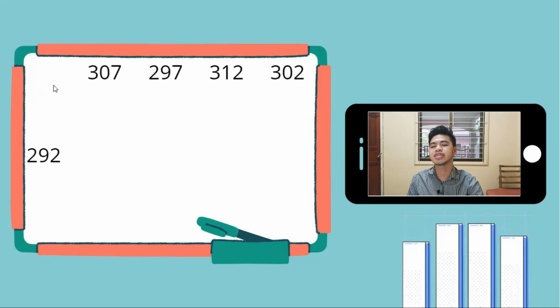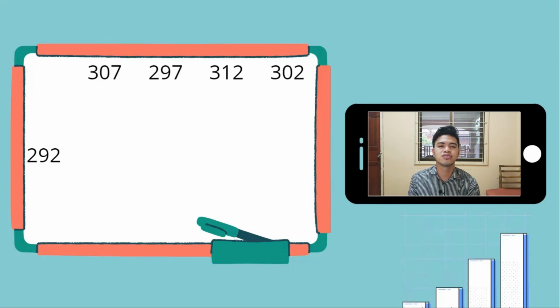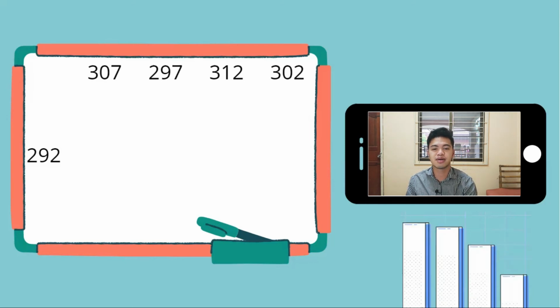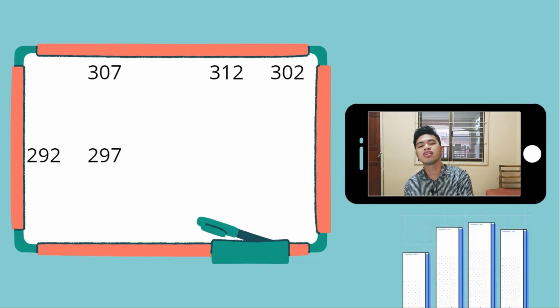So we are going to write down 292 and cross it out from the list. Okay, so now we have the remaining numbers, 307, 297, 312, and 302. So which is the smallest number among them? Very good. It is 297. That is the smallest among all of them.